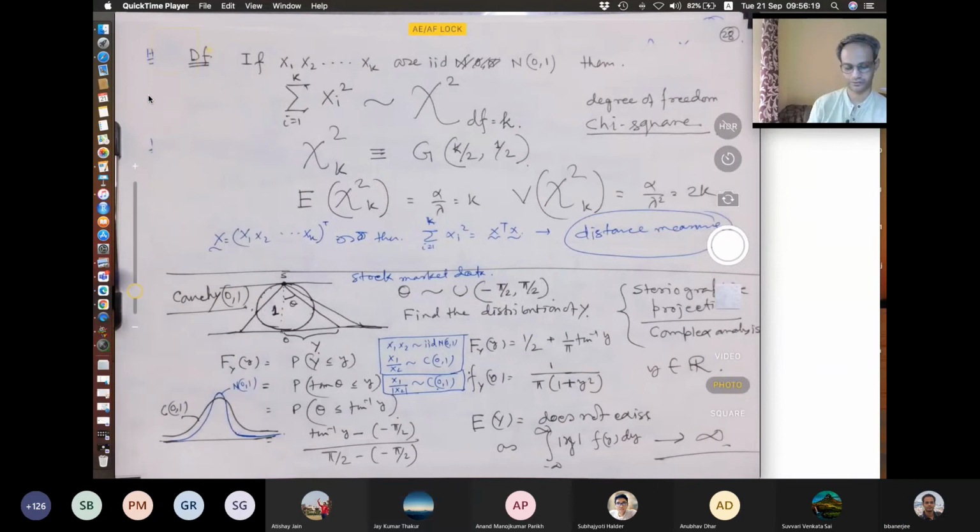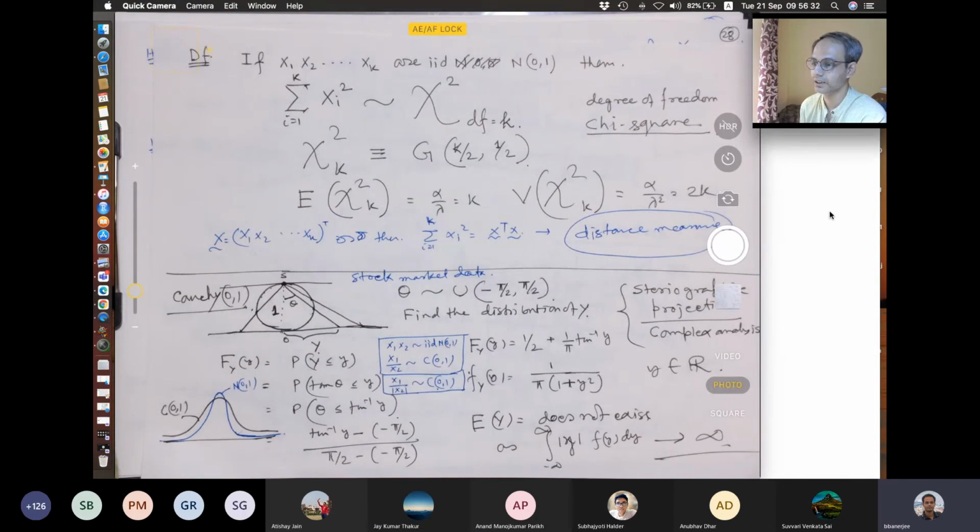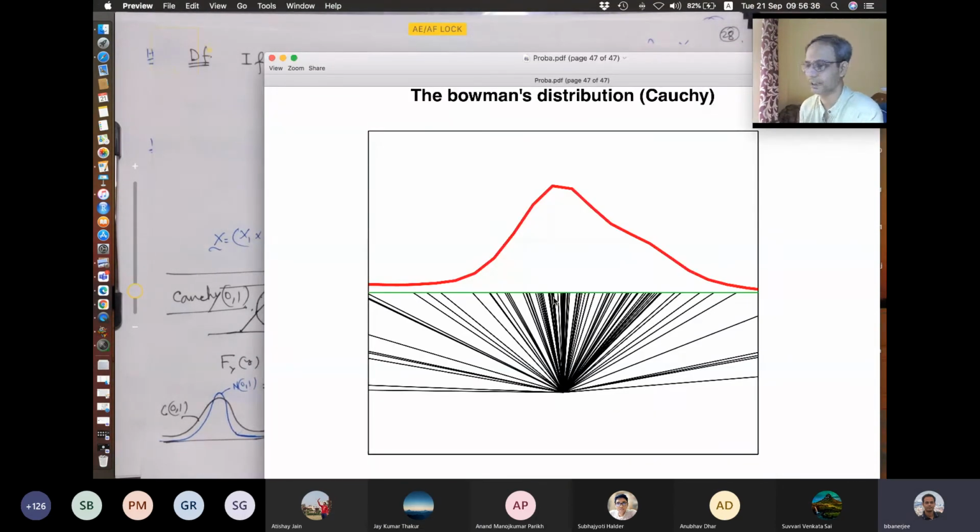Okay, sir. Shouldn't it be symmetrical? It is. If you see the Cauchy distribution I have drawn, it is symmetric. Here I have a very small number of data, and because of some plotting problem, it is coming asymmetric.